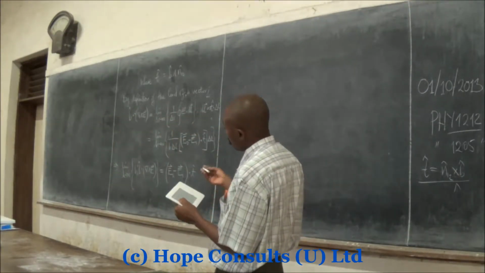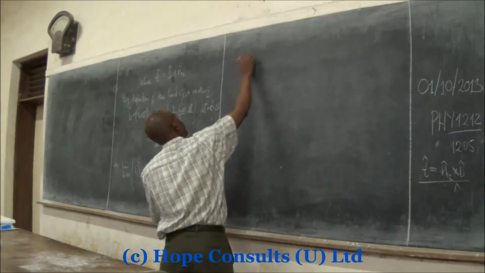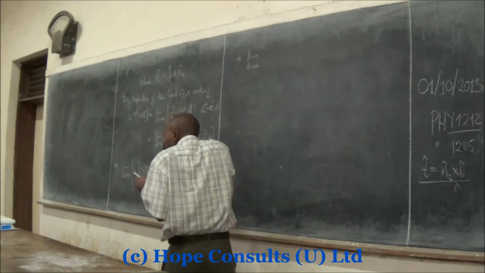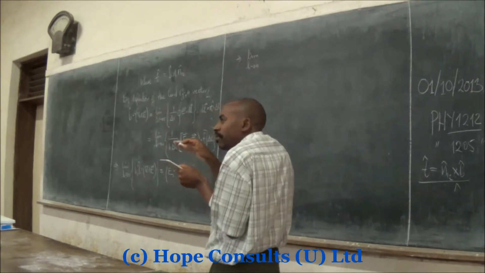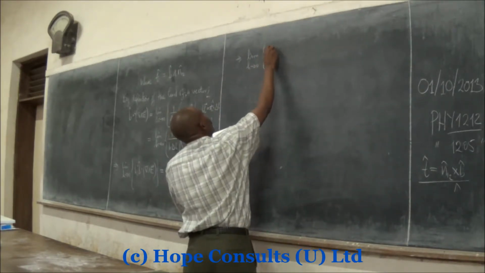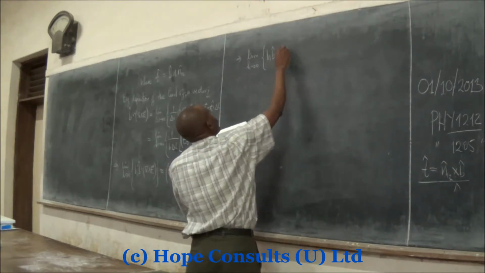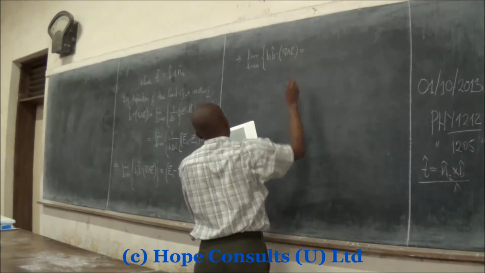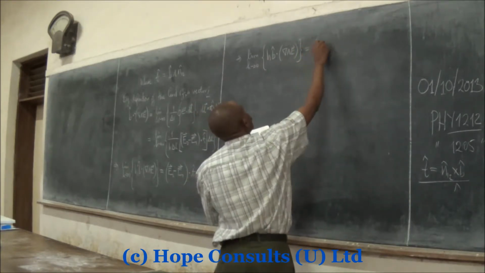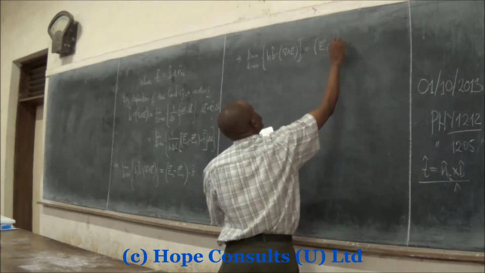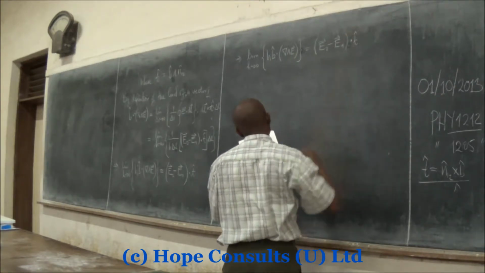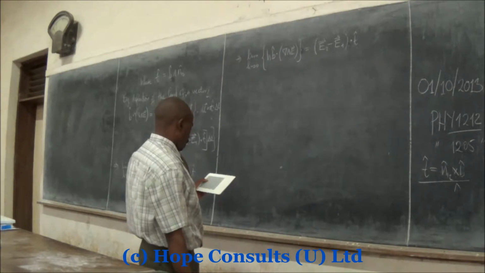So this implies the limit as h tends to 0, that is, as you get as close to the interface as possible, then we have that h B roof dot the curl of E is equal to E2 minus E1 dot T, the unit tangential vector.